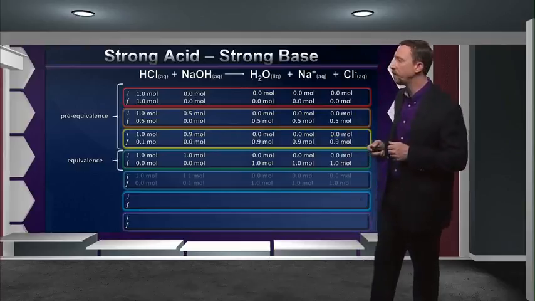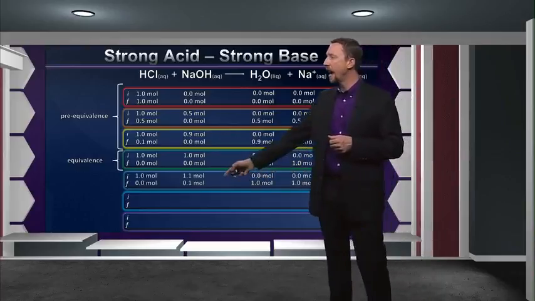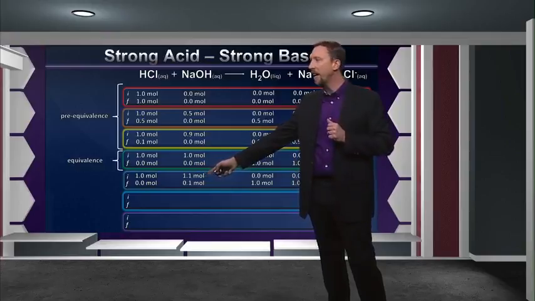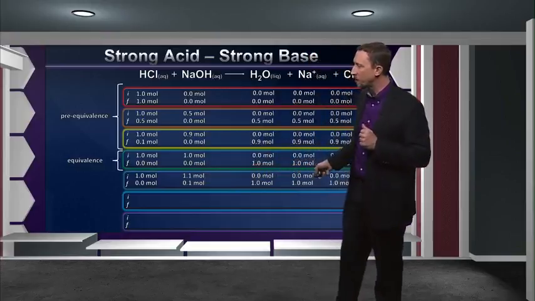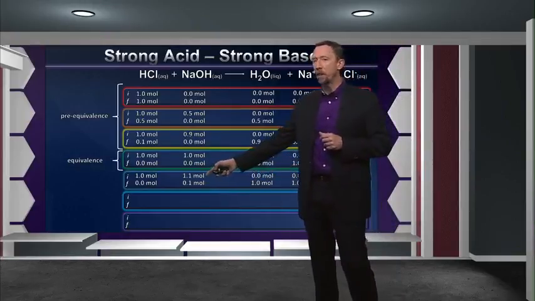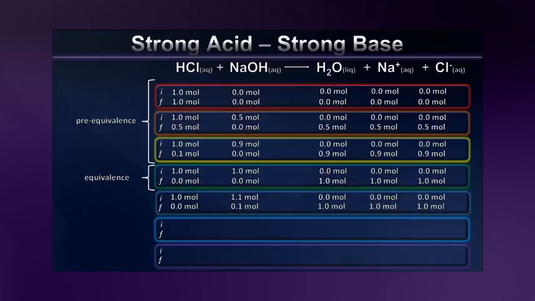If I continue adding my strong base, I'm now in a situation where my 1.1 moles of sodium hydroxide leaves a little bit of leftover. So even though I've made some other stuff here, some salt and some water, what's left at the end of the reaction is a bit of strong base. And the strong base will drive the pH of this solution. That's what's going to dictate the behavior from a pH perspective.